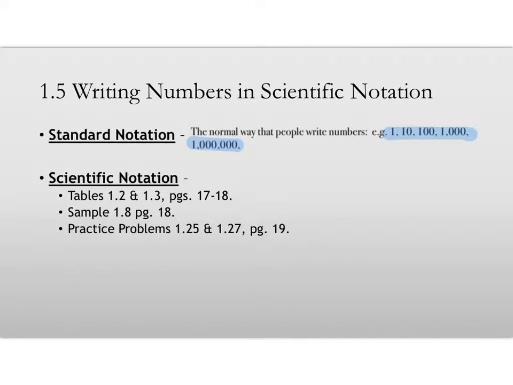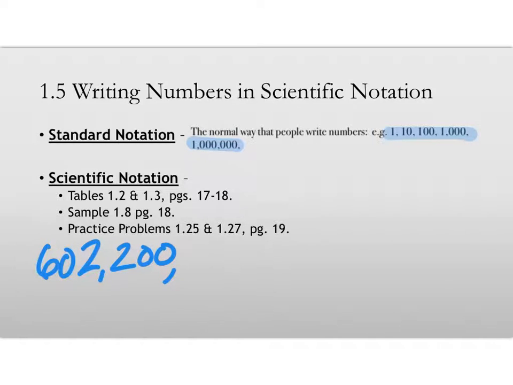But these types of notations don't always work in the sciences because we often deal with numbers that are really huge or really small. For example, 1 mole of a substance is 602 hextillion 200 quintillion particles.